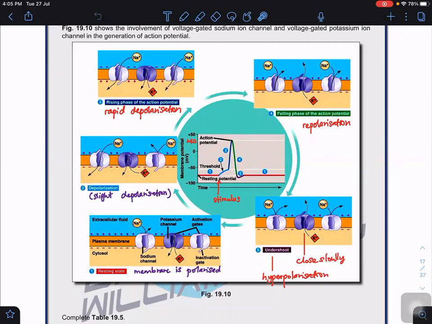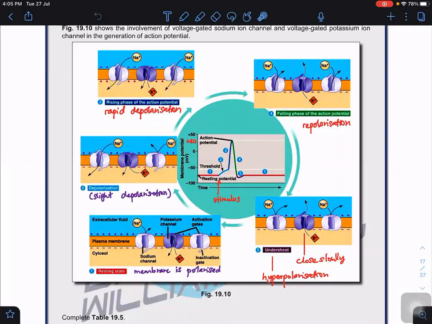The increase causes some voltage gated sodium ion channels to open, allowing extra sodium ions to enter. The entry of sodium ions continues to depolarize the membrane, so the membrane potential becomes less negative until it reaches negative 50.